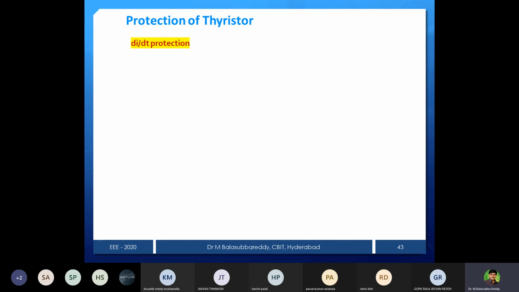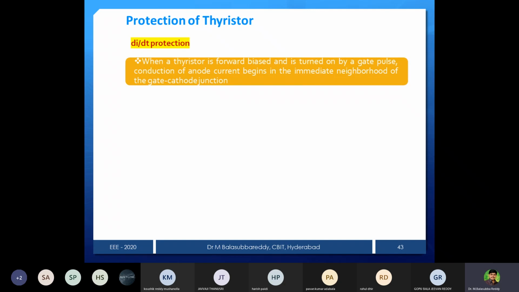Di/dt protection. So what is di/dt protection? When a thyristor is forward biased, as you know, forward bias does not mean conduction. Here forward bias is different and conduction is different. So you must be aware that forward bias means J1 and J3 are forward biased, the device is in the off state only, and it is turned on by a gate pulse.